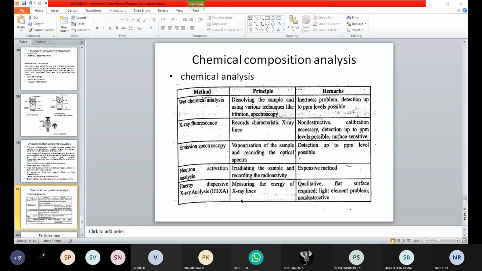It is also one of the non-destructive methods, and we are going to check the surface sensitivity. In emission spectroscopy, vaporization of samples and recording of optical spectra we collect from the sample or component. Then we are going to detect the ppm level of what will be possible.